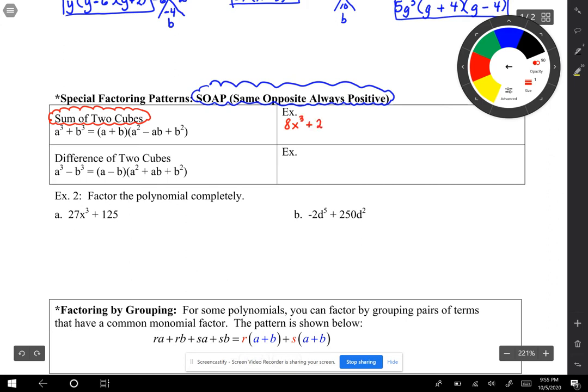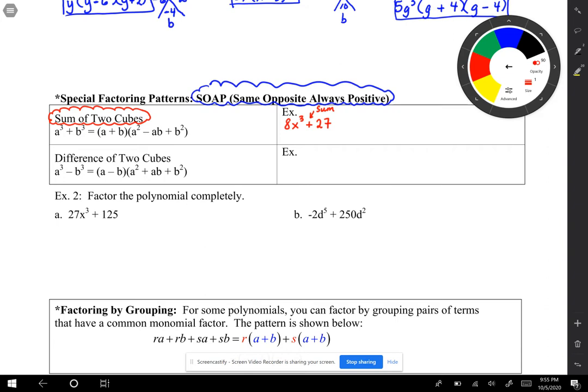So the first thing you have to do is recognize it as a sum of 2 cubes. Sum, because this is a sum. Cube, because you can take the cube root of 27 and the cube root of 8x to the third. And so to think of that, when I told you about square roots, cube roots are just a number multiplied by itself 3 times, so the same number.